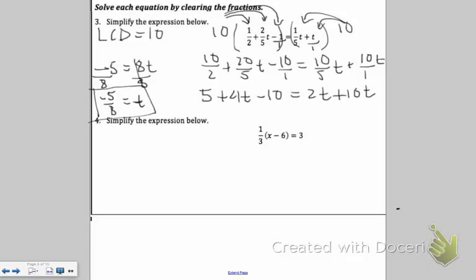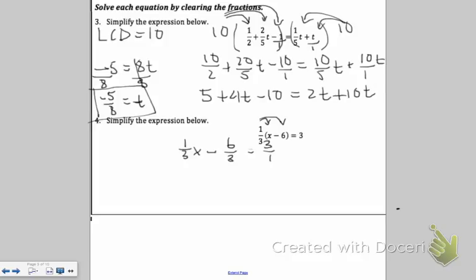And the last example that we have here, we have to apply the distributive property before we find the least common multiple. So we have 1/3 times x minus 6 over 3 is equal to 3 over 1.